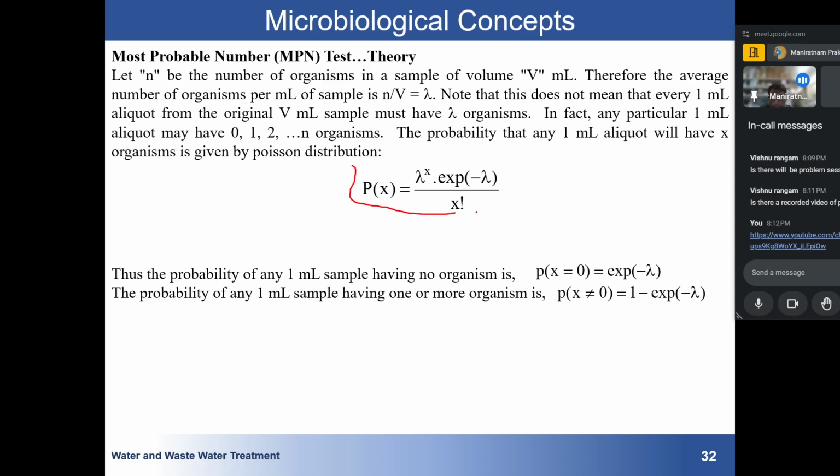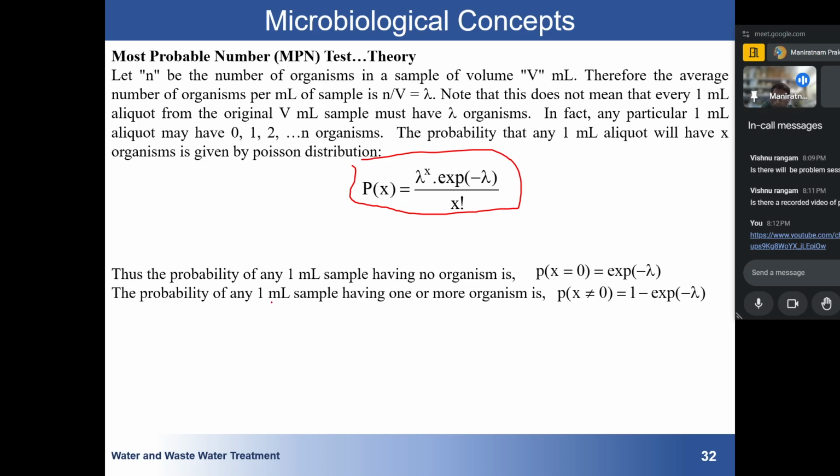This is P(x) = lambda^x e^(-lambda) / x!, the Poisson distribution, I think. Just check it.